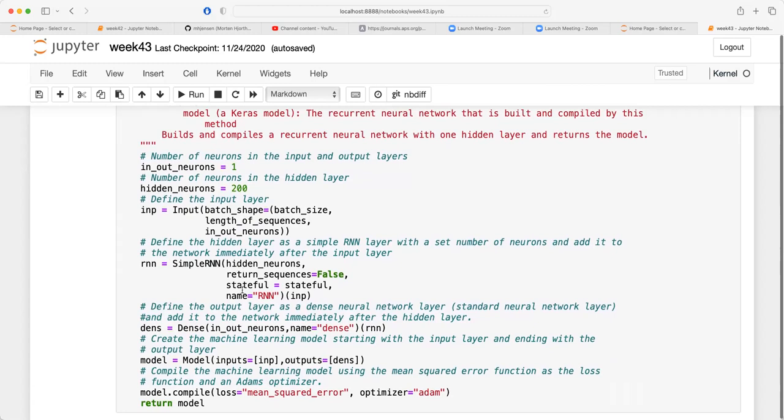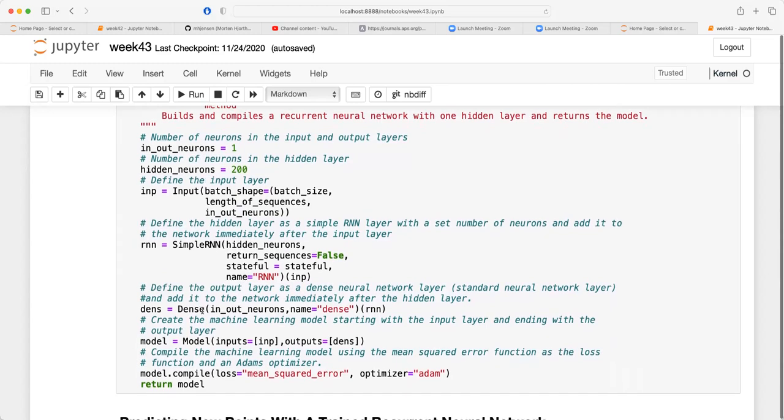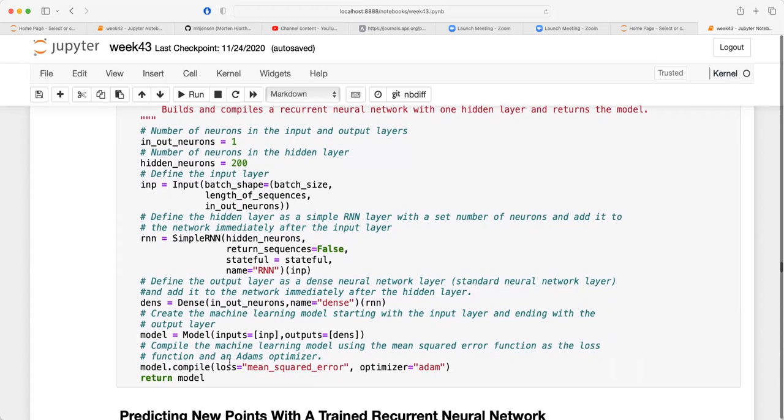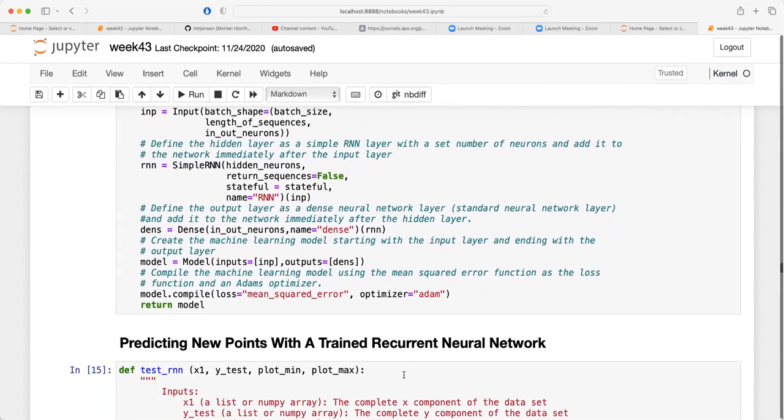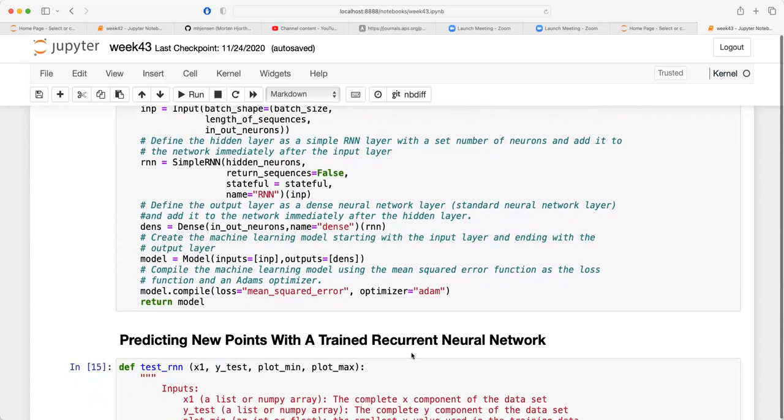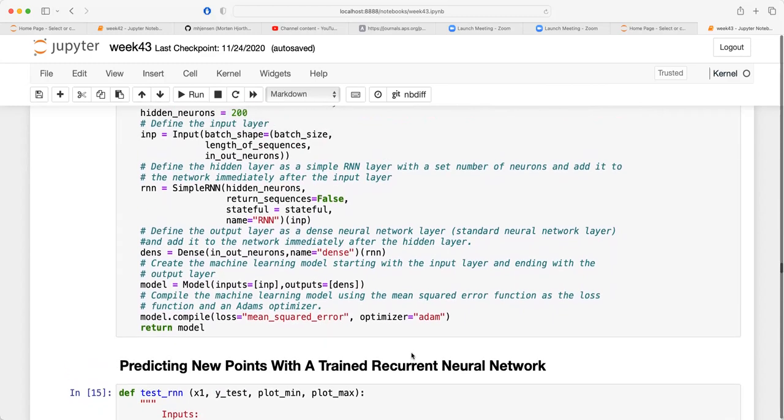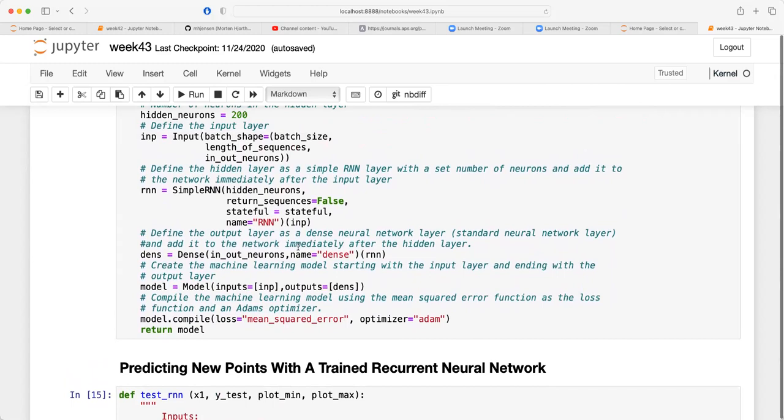It gets the input, and then I can create my dense layer of neurons, and then I have my model inputs. I compile with the loss function, which I want to be the mean squared error, and my optimizer, which in this case is Adam. This is the recurrent neural network model I am using to train on this specific data set.